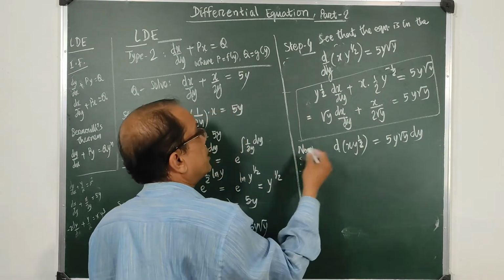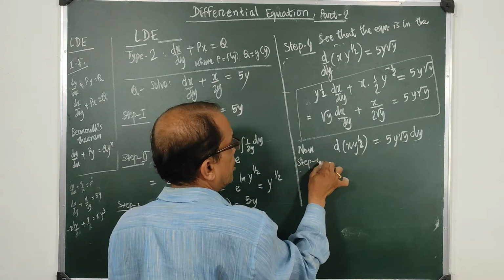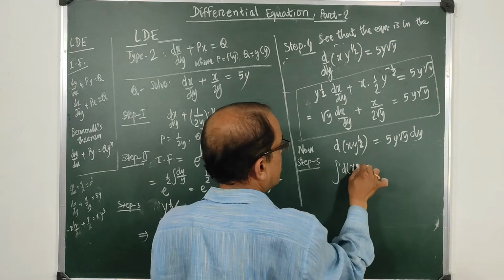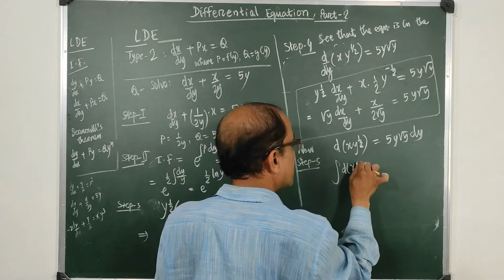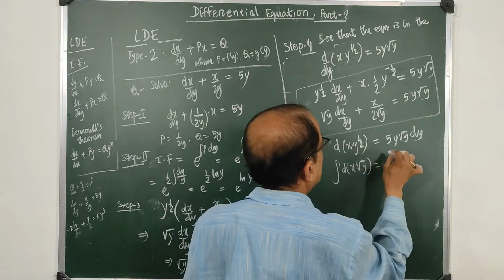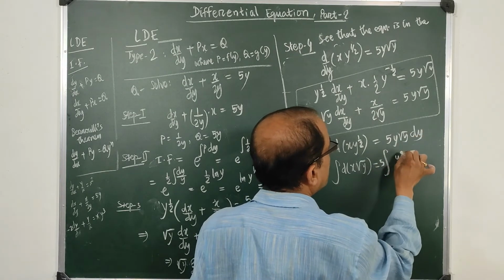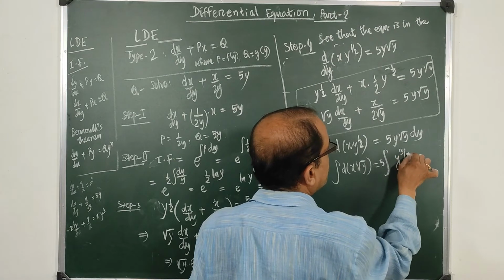Integrating both the sides, step 5, you get x root y on the left, and on the other side 5 into integration of y root y, that is y to the power 1 plus 1 by 2, 3 by 2, dy.